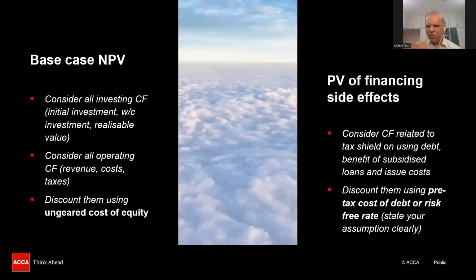Now, experts do differ whether they should use pre-tax cost of debt or risk-free rate. The AFM examiner has made it very clear you could use any of the two, but state your assumption very clearly. So these two calculations are of paramount importance for you to learn very carefully.